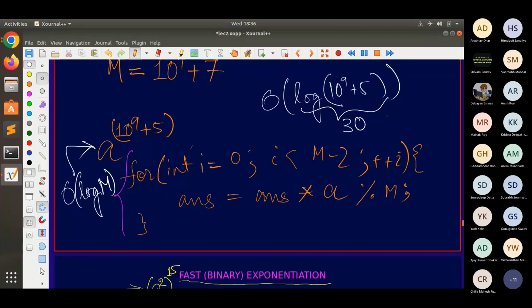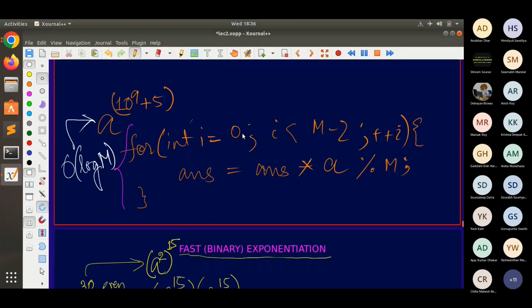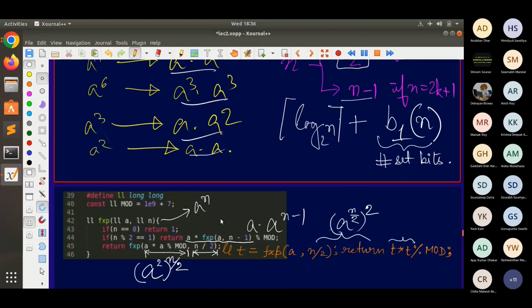So this is much less than 10 to the 8. So pretty much you can do it 10 to the 5 times or something. Okay, so that is all about fast exponentiation I wanted to cover.